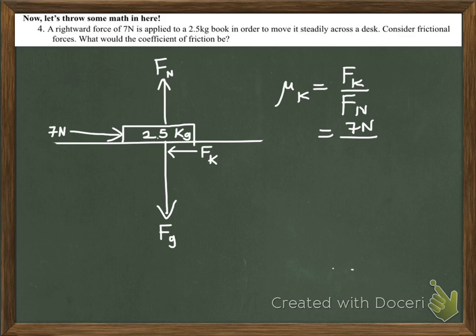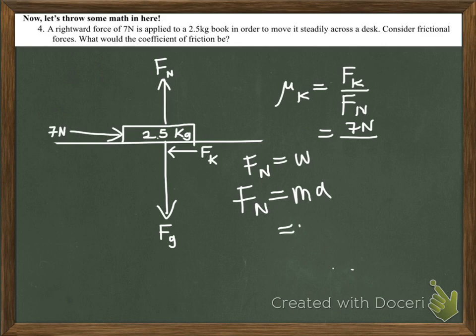The normal force equals m times a, mass times acceleration. Wait, sorry. One thing that I forgot to mention, the normal force is the same thing as the weight. And weight is the force of gravity pulling you.